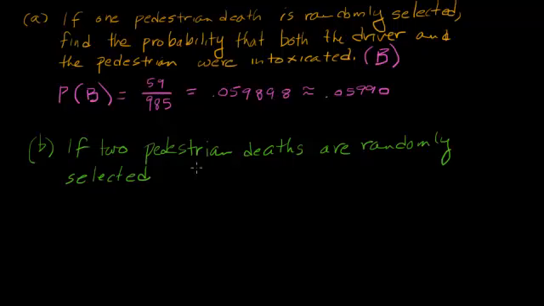So when we do a selection of 2, we need to know, is this with replacement or without replacement? And in this case, we'll say they're randomly selected without replacement. So you pull one file, you set it aside, and then you pull the other. Find the probability that both the driver and the pedestrian were intoxicated.